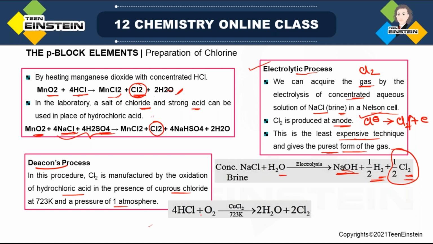The equation involved here is 4HCl plus O2 producing 2 water molecules and 2 chlorine molecules. Here there is oxidation of HCl: the oxidation state of chlorine in HCl is -1, and oxygen is the oxidizing agent, but after the reaction the oxidation state is 0. That means from -1 to 0, this is actually oxidation.